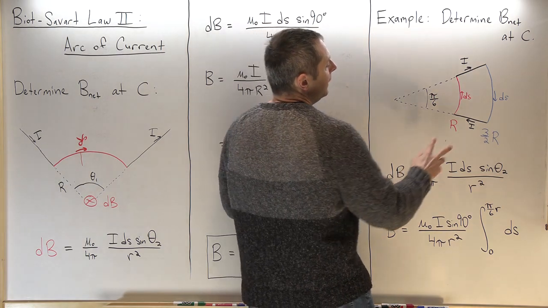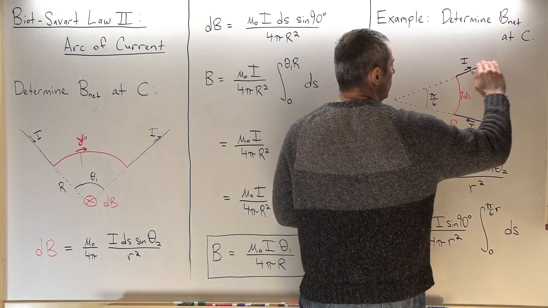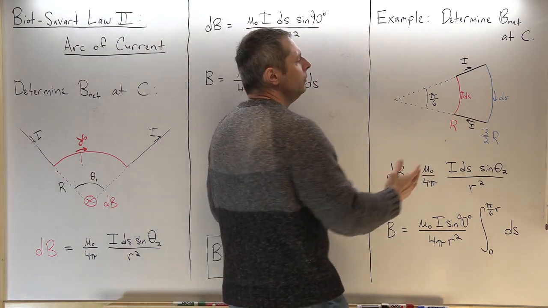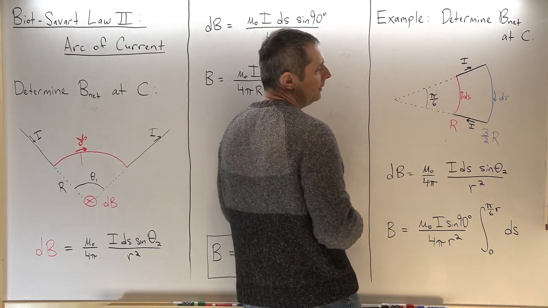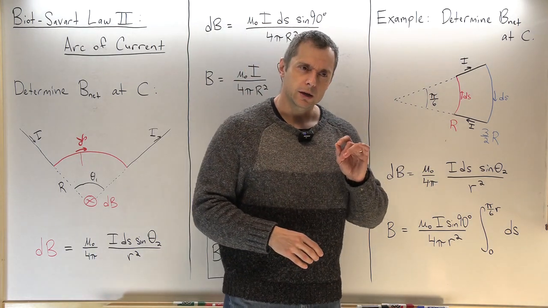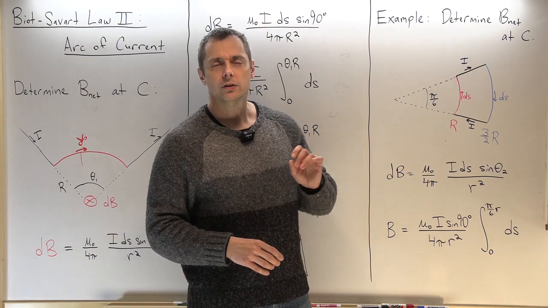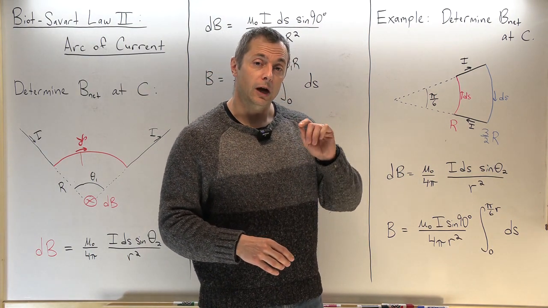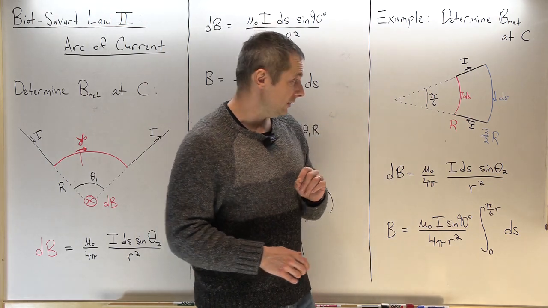The first thing is these 2 wires, current away, current toward, create no magnetic field at this point. It's only these 2 arcs that create magnetic field. So before I jump into using the Biot-Savart law in this example, I'm going to first figure out the magnetic field directions of the 2 pieces.